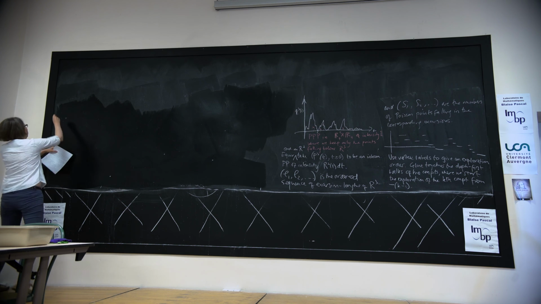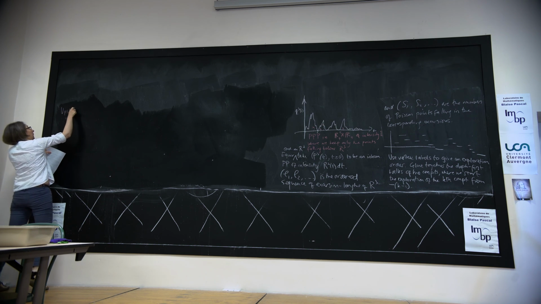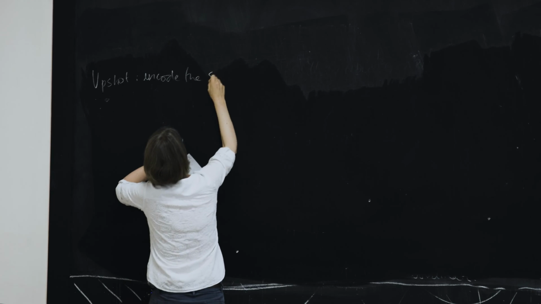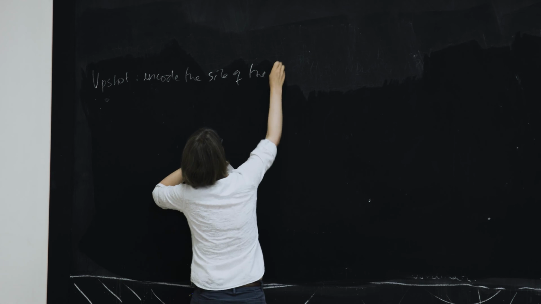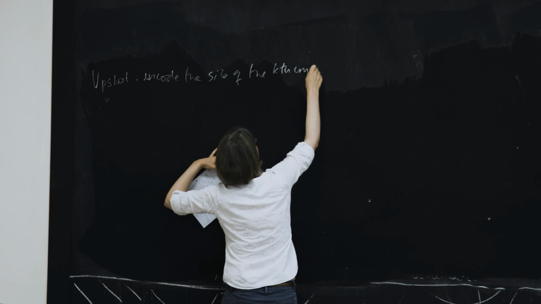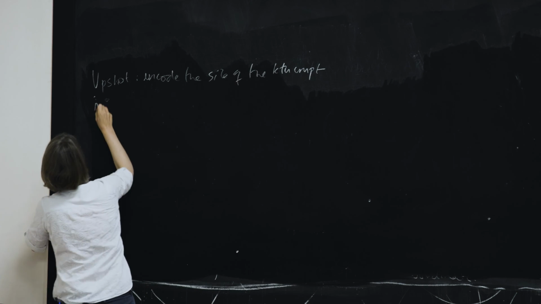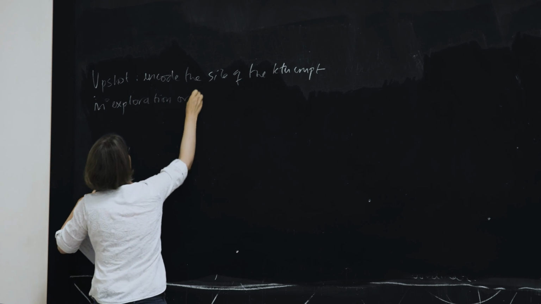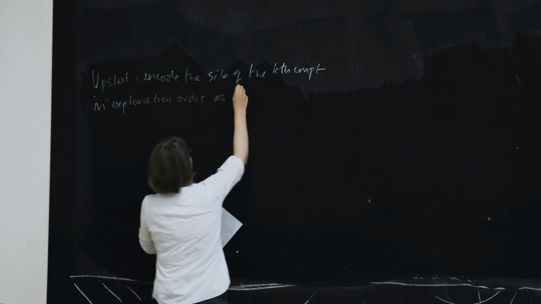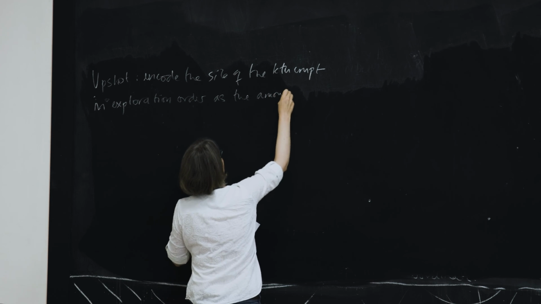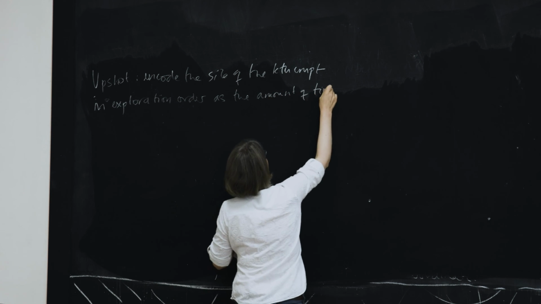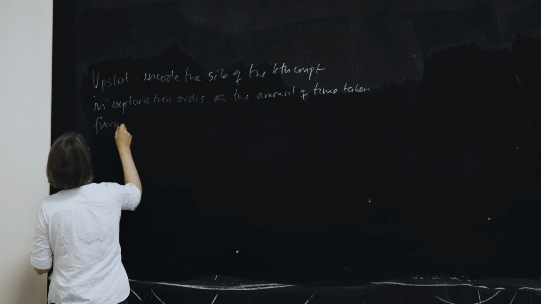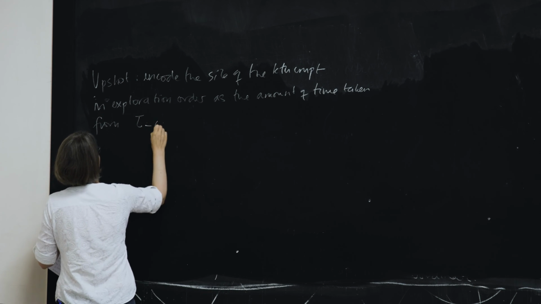Okay, so the upshot is we encode the size of the kth component in this exploration order as the amount of time taken from, let's say, tau minus k minus 1.